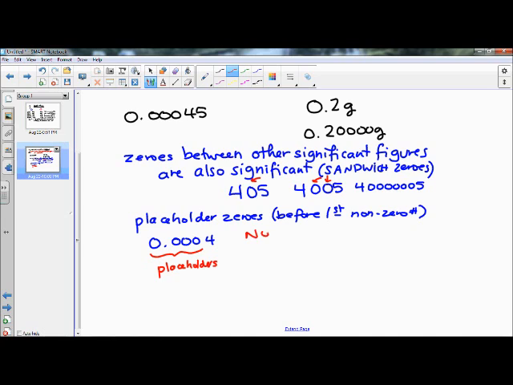These are not ever significant. They're important to the measurement, but here's where we have our first amount of certainty. These are placeholder zeros.